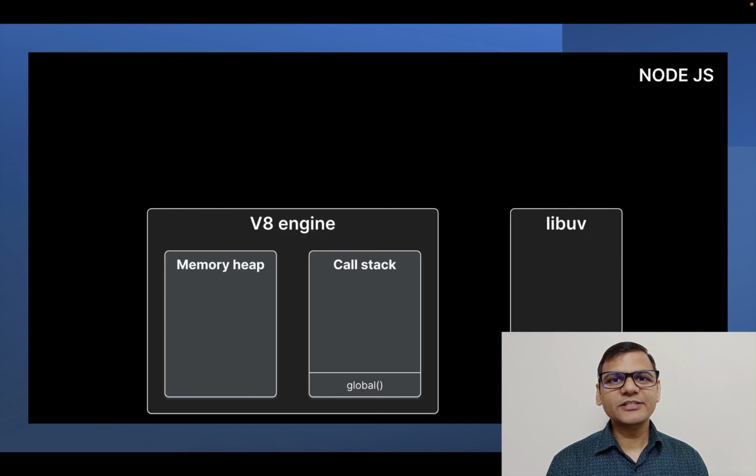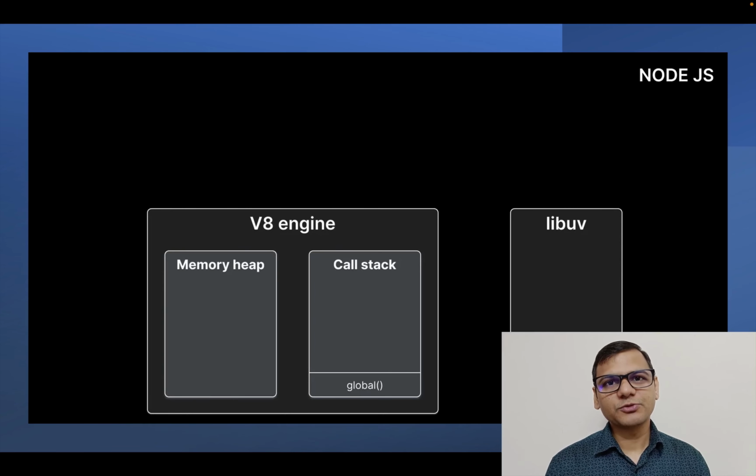The V8 engine is responsible for the memory heap and the call stack. The memory heap is the place where we assign variables to data, and it gets stored in the memory heap. Now in the call stack, the execution of the code happens.